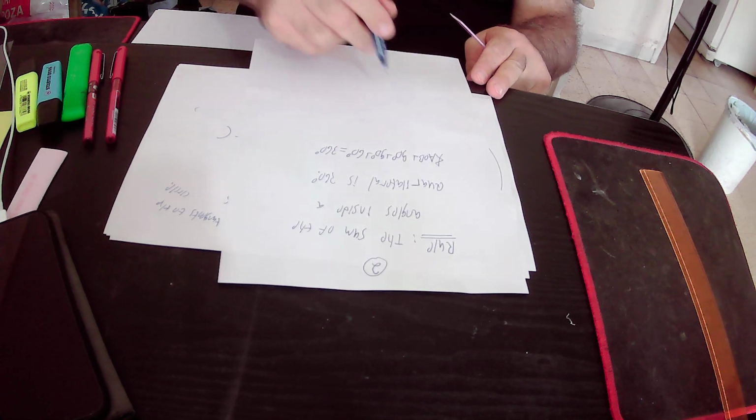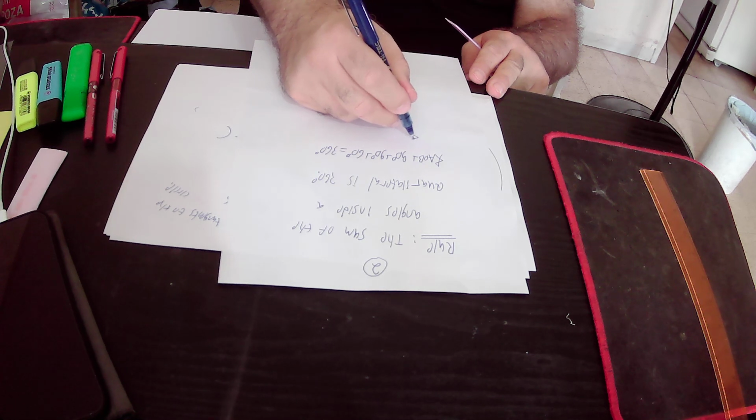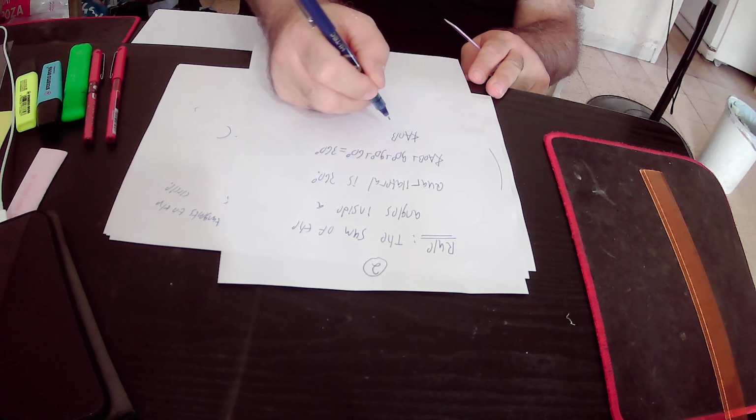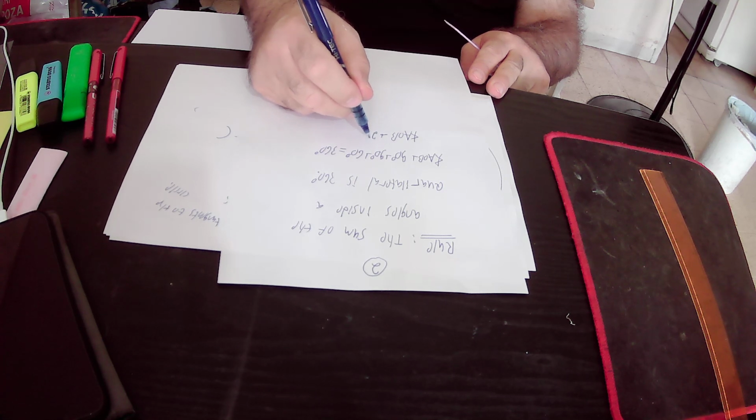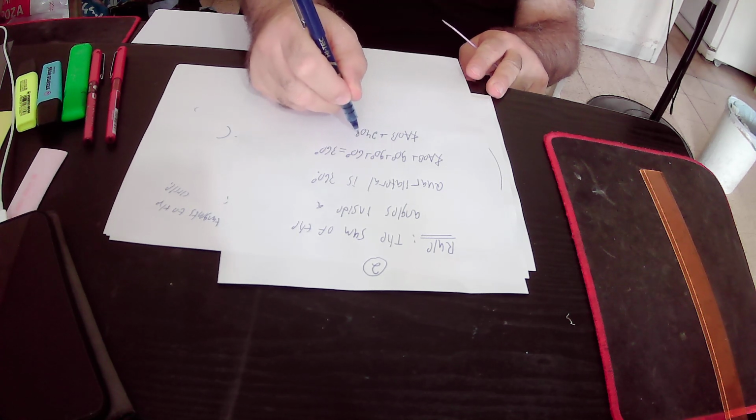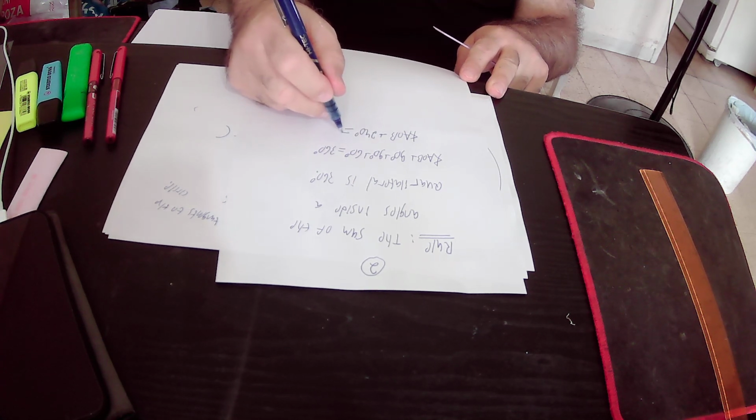So we will get that angle AOB plus 90 degrees plus 90 degrees is 180 degrees. 180 degrees plus 60 degrees is 240 degrees. It equals 360 degrees.